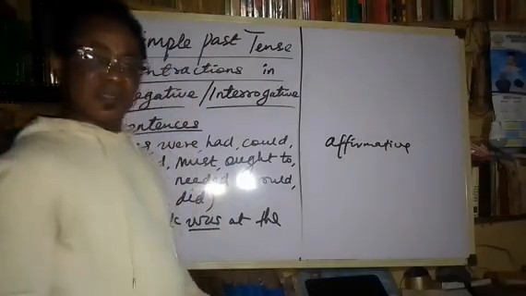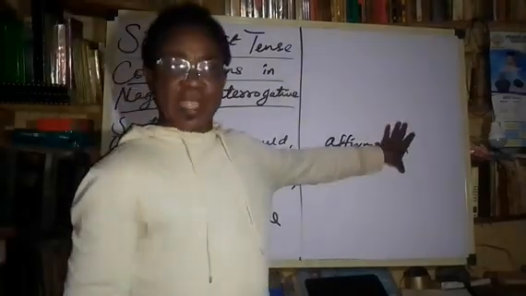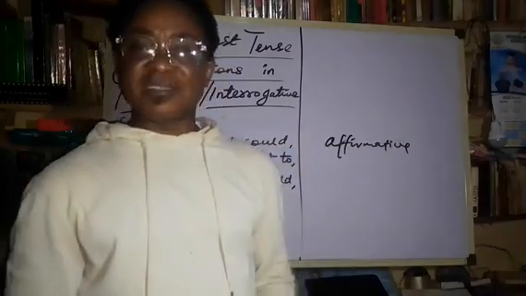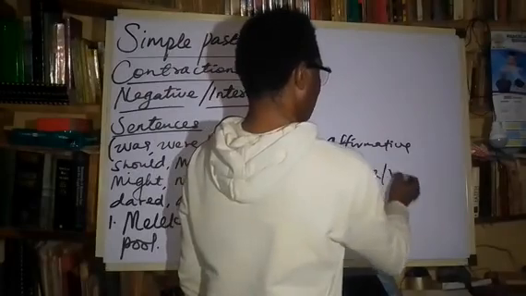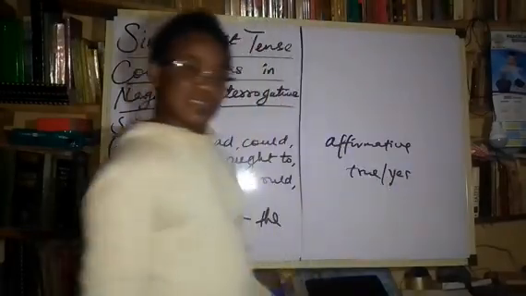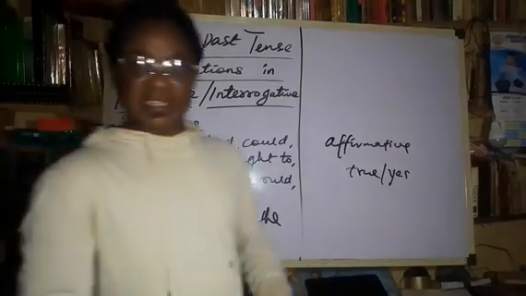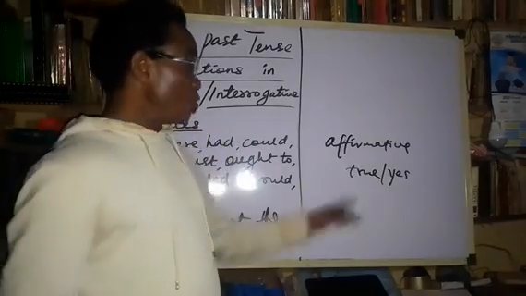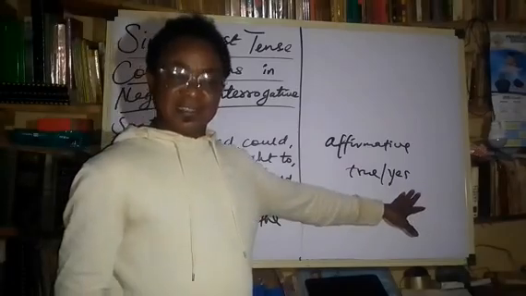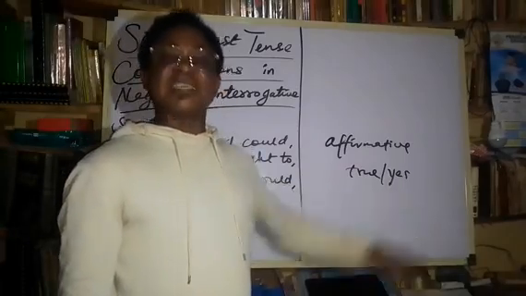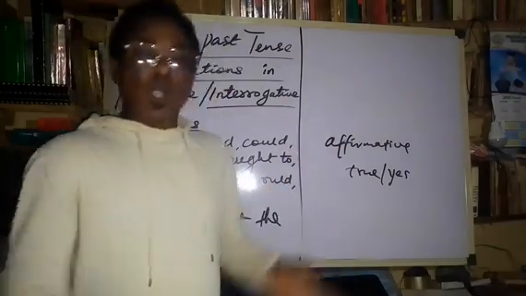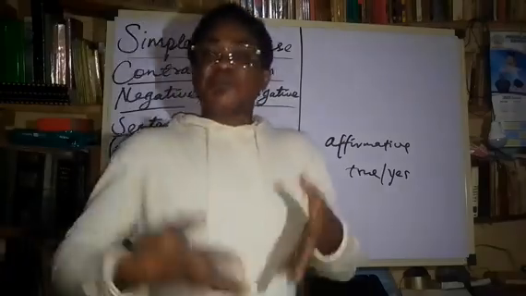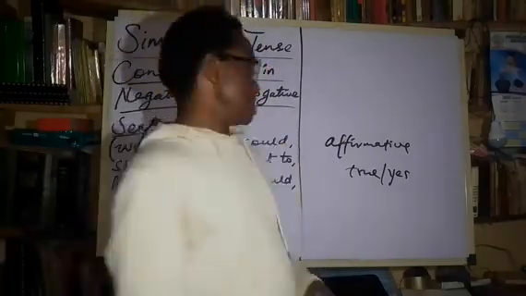Affirmative is an English grammar word that means true. That means yes. A sentence that can be interpreted to mean true or yes is affirmative. That means it is a statement of fact. So we say it is an affirmative sentence, or you can say it is positive, a positive sentence.